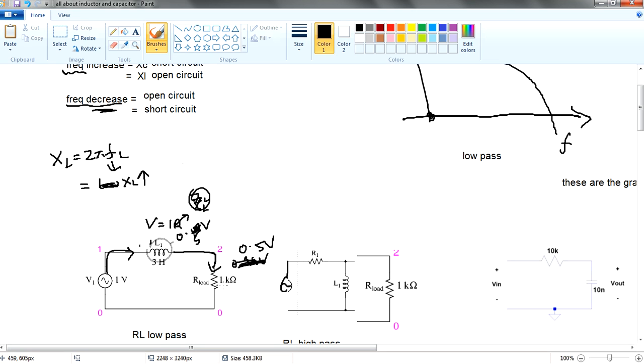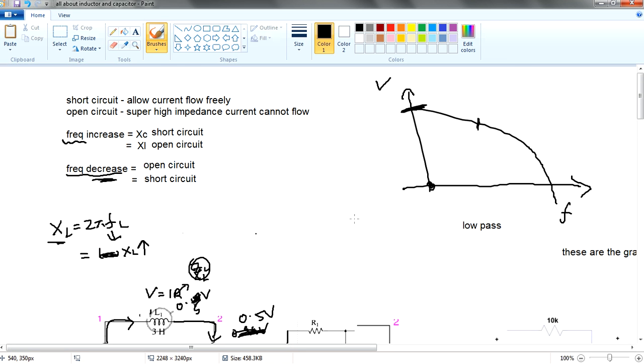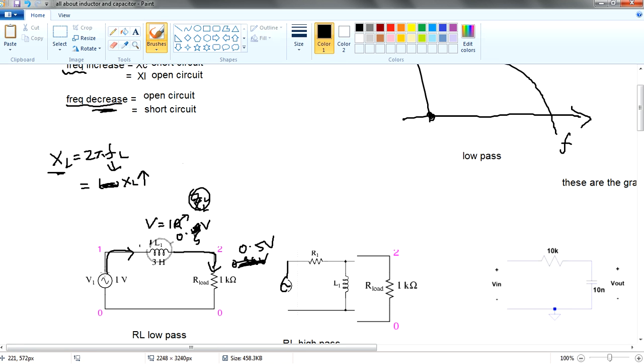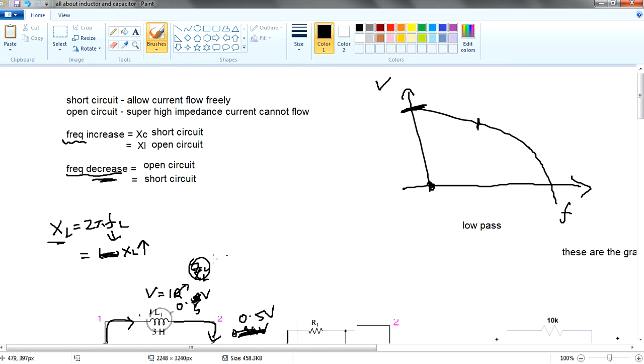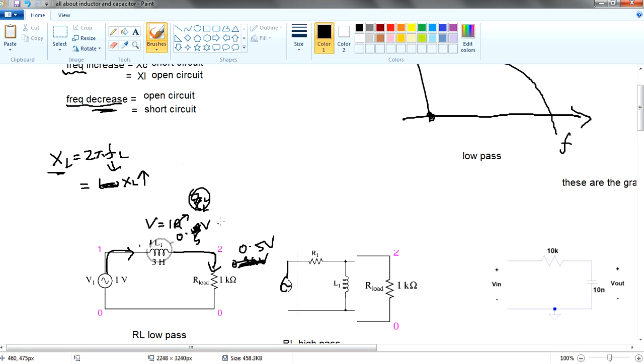So let's say your earpiece, it will not take in anything that is high frequency at all, because you already filtered it out through the inductor. Inductor-wise, due to the XL, the impedance is going to filter out all the high frequency. So all high frequency cannot get in, but all the low frequencies will come in, right? So all the low frequency will come in.